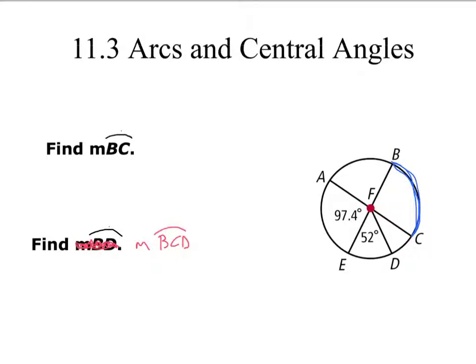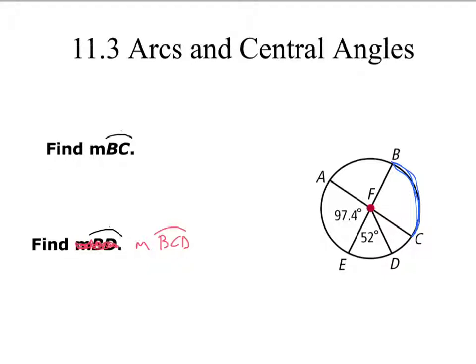We can just assume that they're talking about a minor arc. If they want us to find a major arc, or a larger arc, chances are they're going to give us three points and direct us to the way we're supposed to look at it.